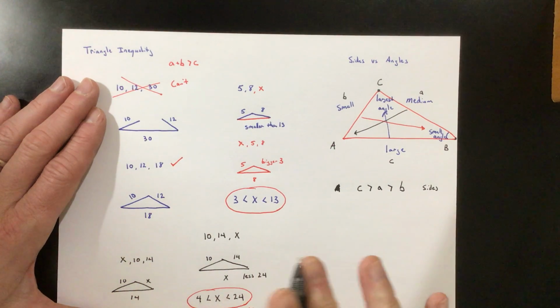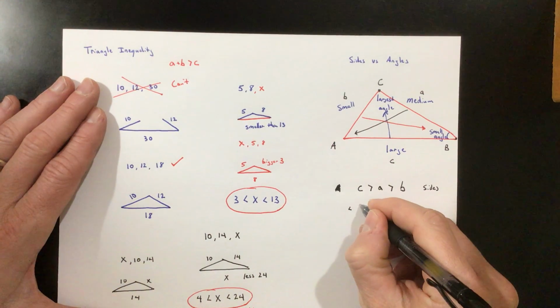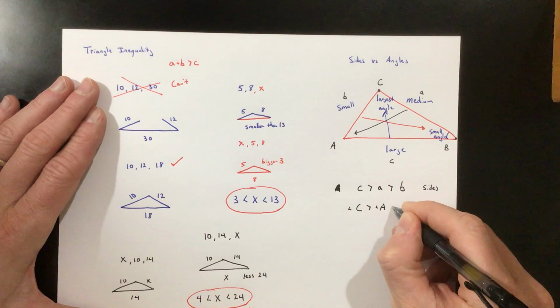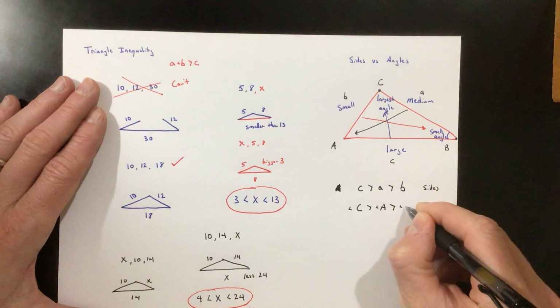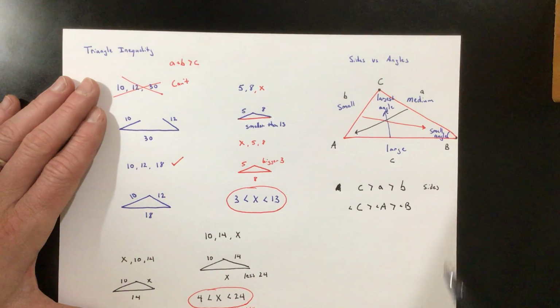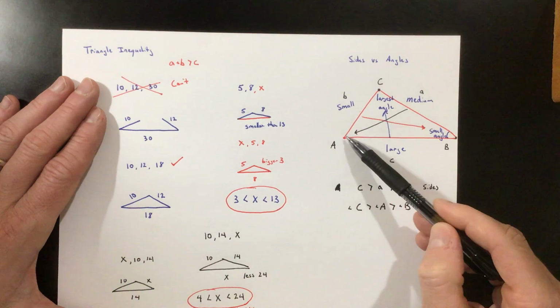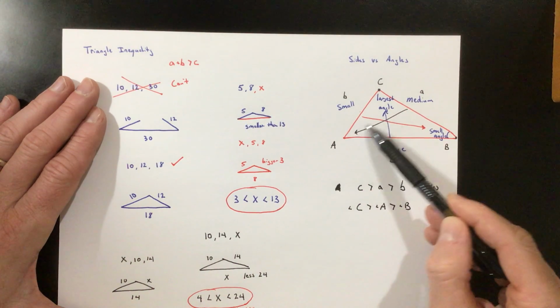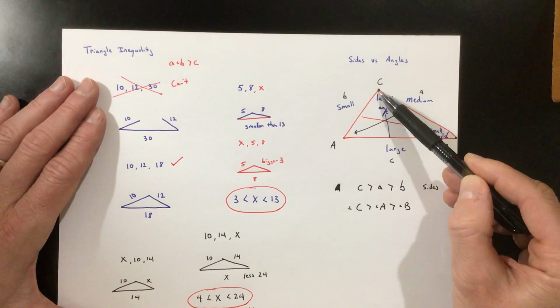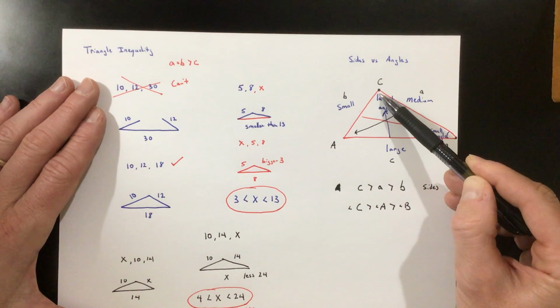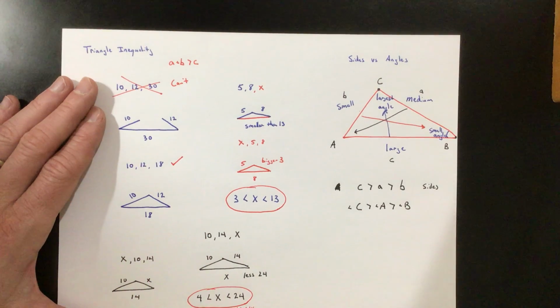Then you know for sure angle C is greater than angle A, which is greater than angle B. Angle B is the smallest angle because it's across from the smallest side. Angle A is in the middle because it's across from the medium side. And then angle C, we don't know what it is, but it is for sure the largest of the three angles because it is across from the largest side.